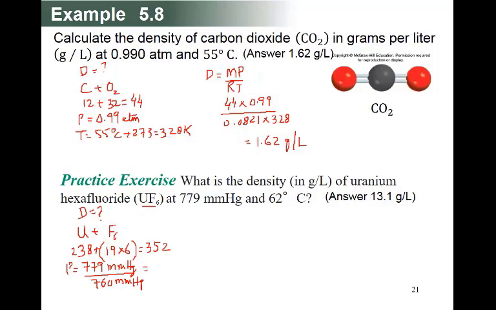So this will become 1.02 atmosphere. And the temperature is 62 degrees centigrade, converted into Kelvin by adding 273, so this will be equal to 335.